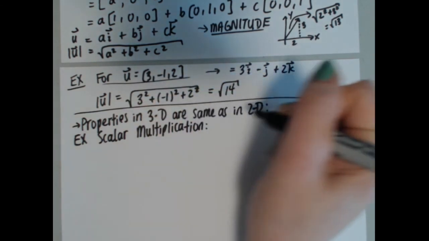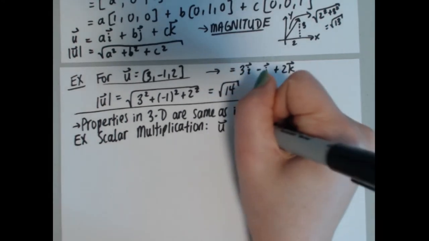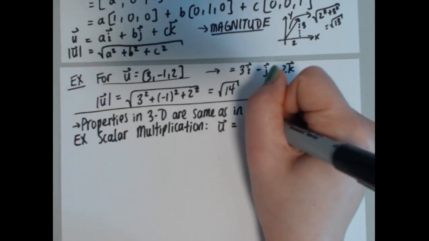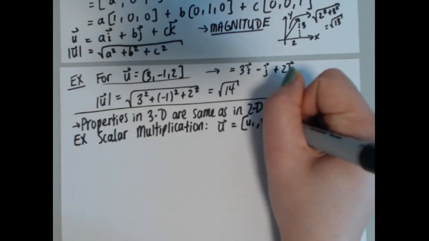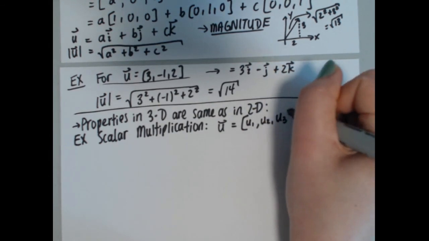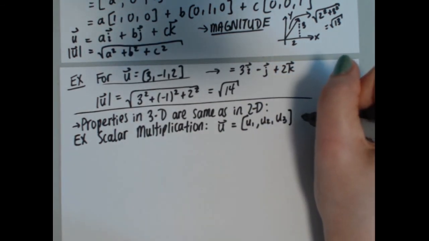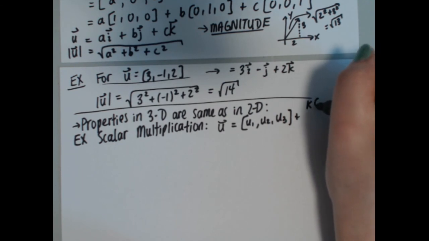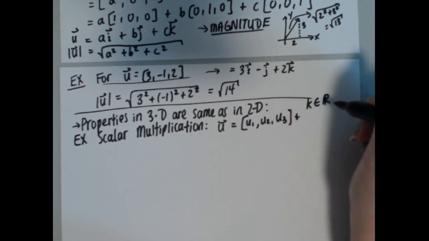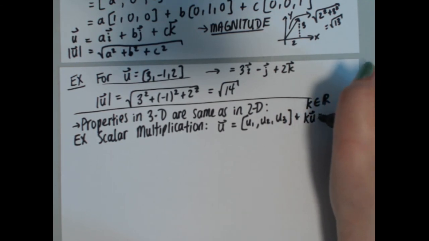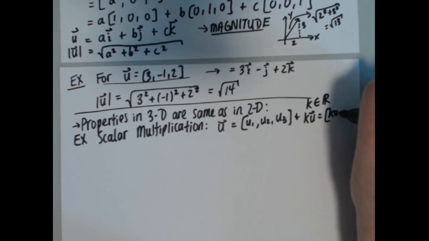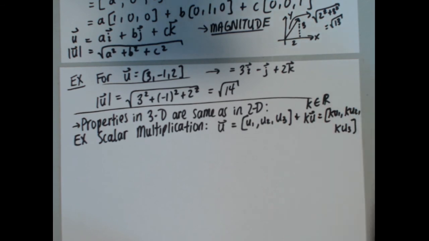Scalar multiplication. Let's say you have vector u, and this is in 3 space, of course. So vector u is given by the components u1, u2, u3, and k is an element of the real numbers. It's a constant. If I have k times u, the new vector is going to be ku1, ku2, ku3. So you take that constant and multiply it to each individual dimension of the vector.